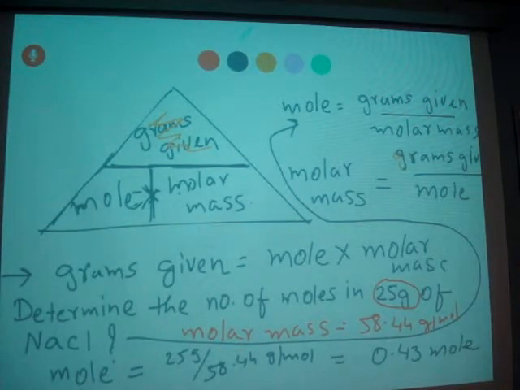Okay? Now let's say if it is the other way around, we need to find grams of given moles of compound. So let's go to the next slide.